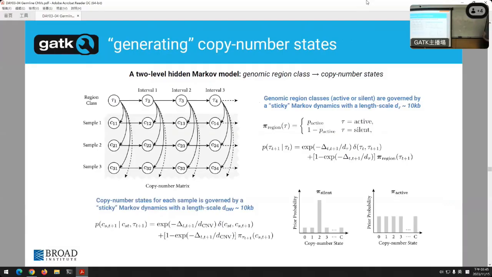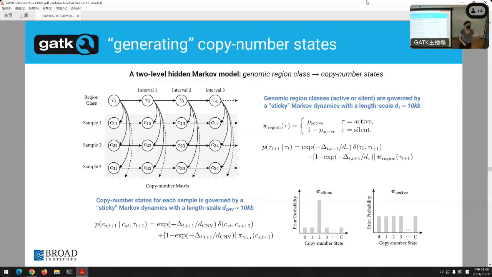Okay, and our copy number matrix, as we said before, depends on the genomic interval class. We can see on the bottom right, in a silent interval, if our baseline expected copy number for that particular chromosome in that particular sample is 2, then the prior probability of having copy number 2 for that sample at that interval is much higher than the probability of having any other copy number.